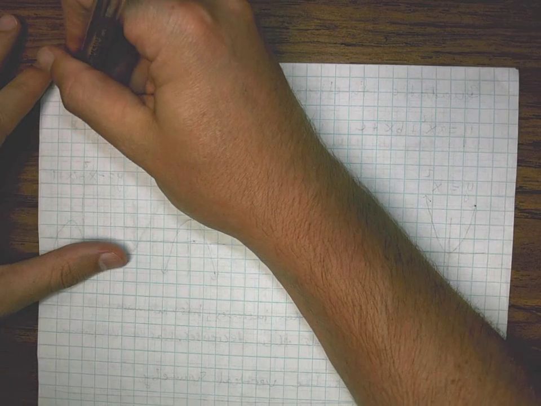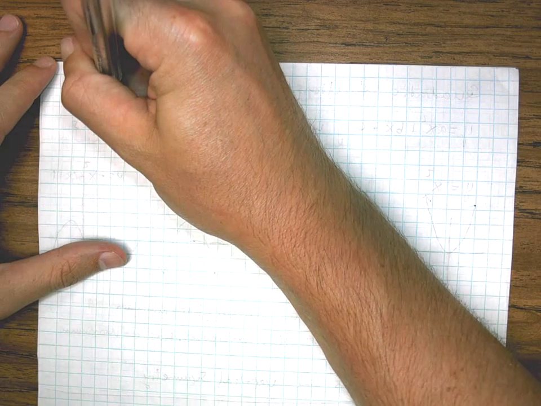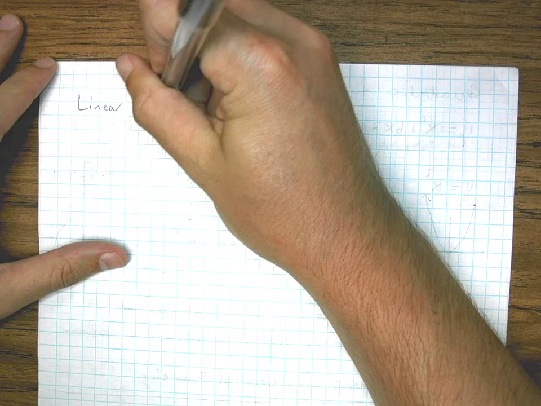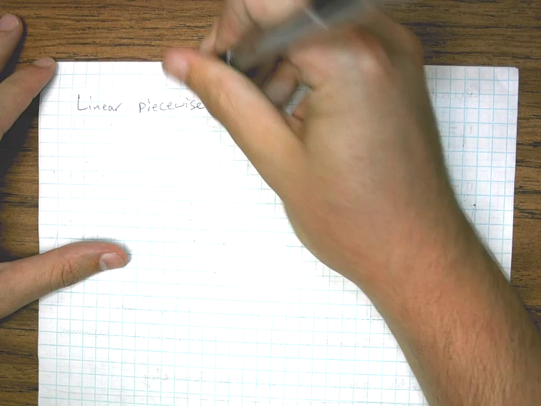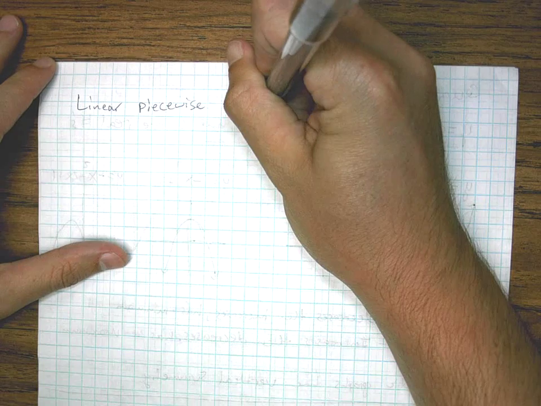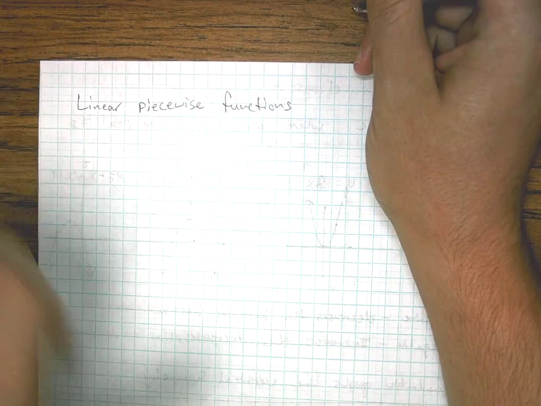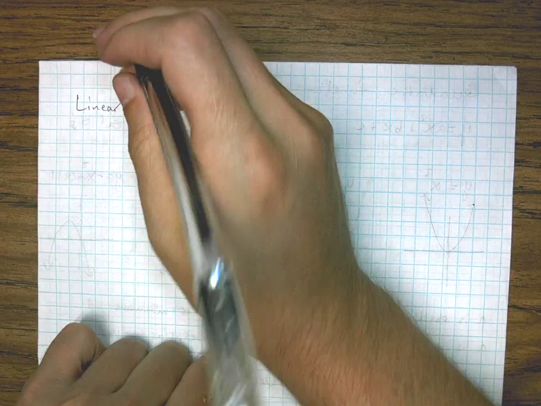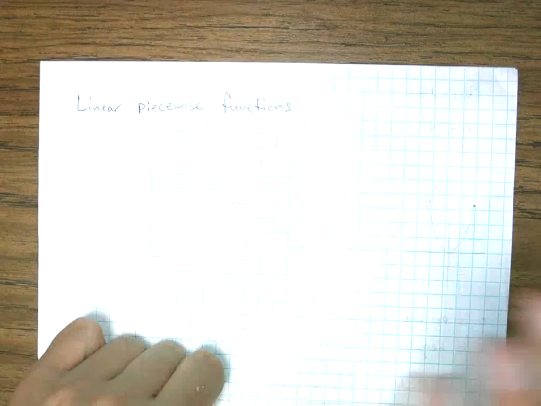Next, we have linear piecewise functions. And this one looks pretty weird. It's a little wonky.